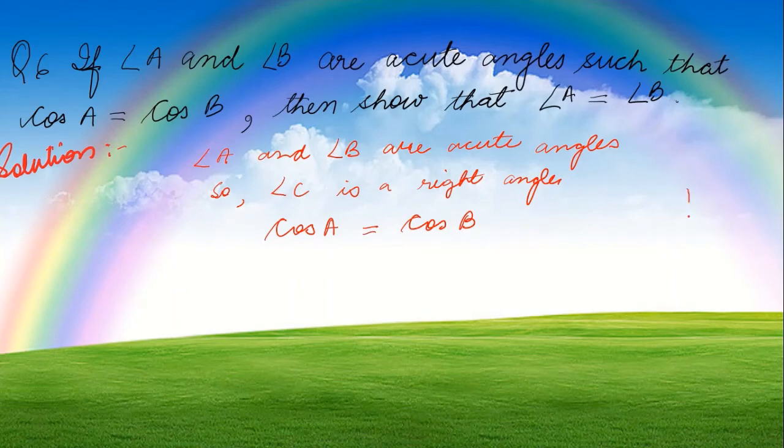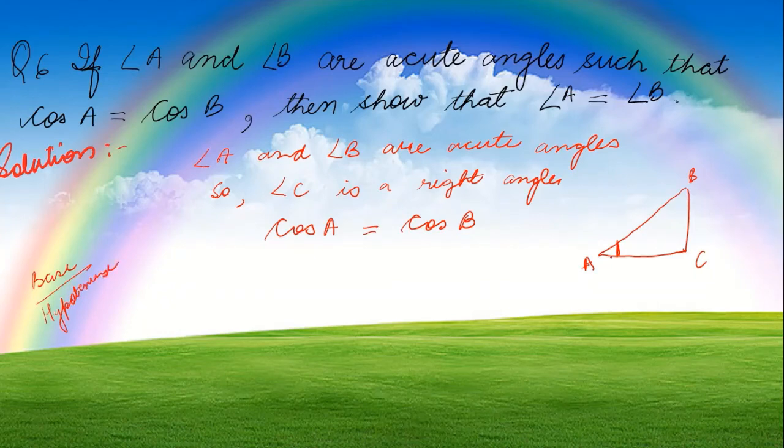Okay, now first take one triangle A, B, C. Now see, cos A will be, cos is what? It is base upon hypotenuse.